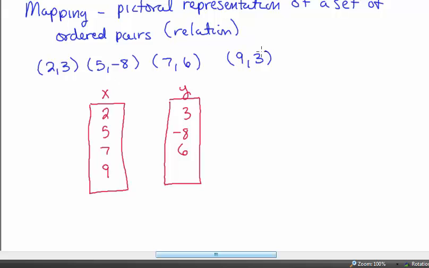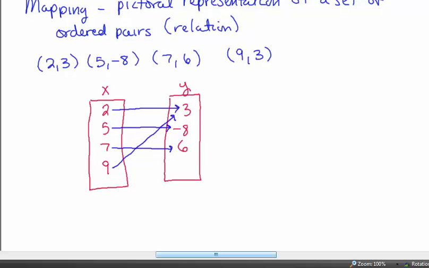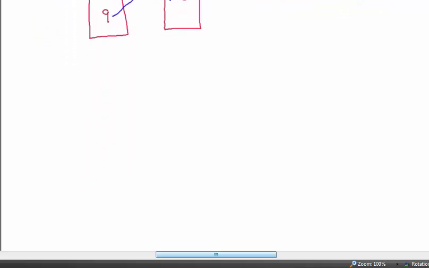So here I have a 3 and then another 3, but I only need 3 there one time. And then we draw arrows to show how the numbers go together. 2 goes with 3, 5 goes with -8, 7 goes with 6, and 9 goes with 3. That's a mapping. It's a pictorial representation of a set of ordered pairs.